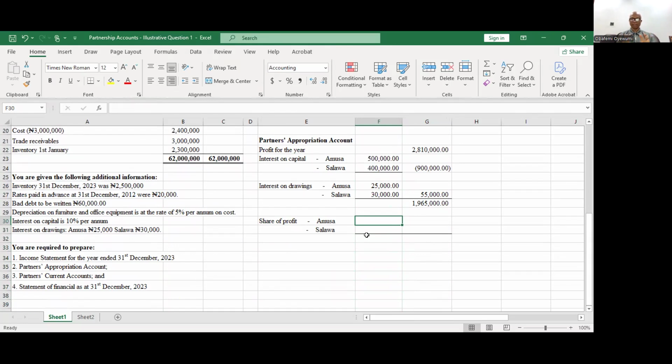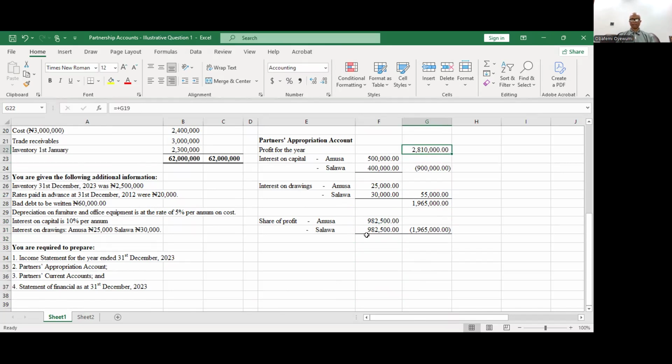You must share the profit equally. Profit should be shared equally. But as a matter of fact, there was a particular figure that I used before. Let's look at it: if we're going to share this equally, what will it amount to? So this is what we have divided by 2. Now divide by 2, and also here. So we're applying that rule of the 1890 Partnership Act.